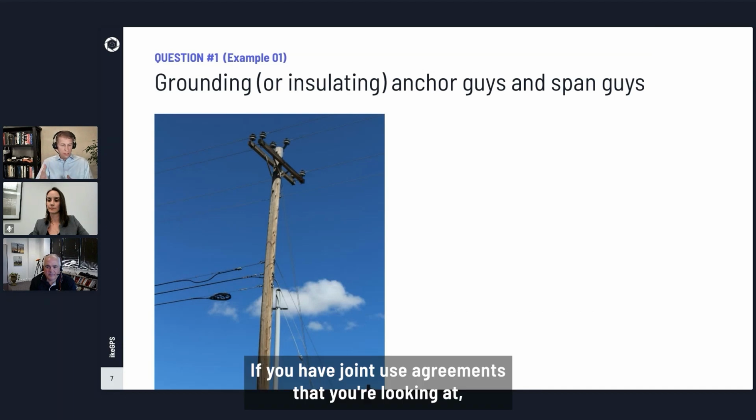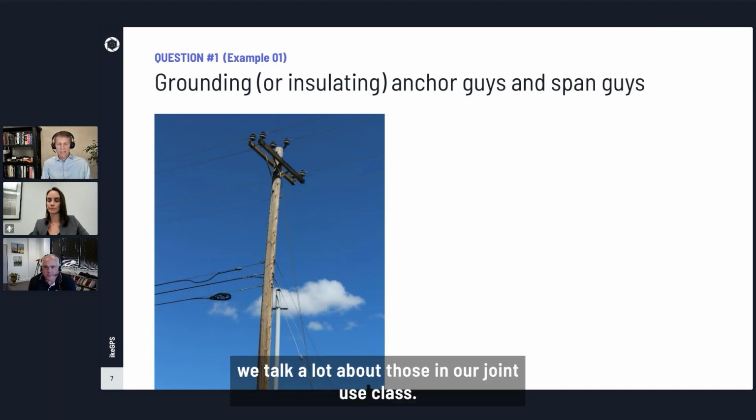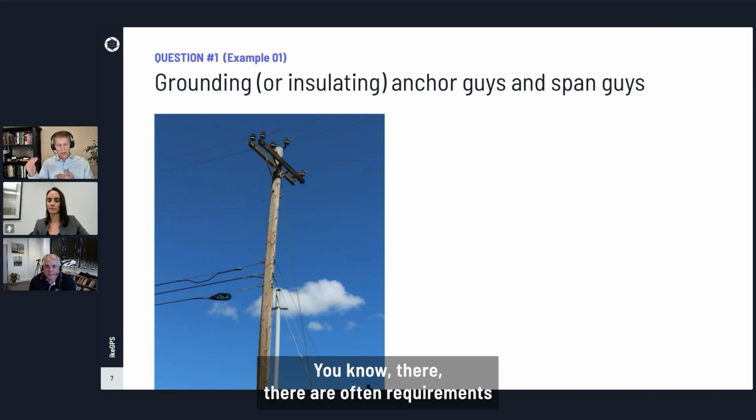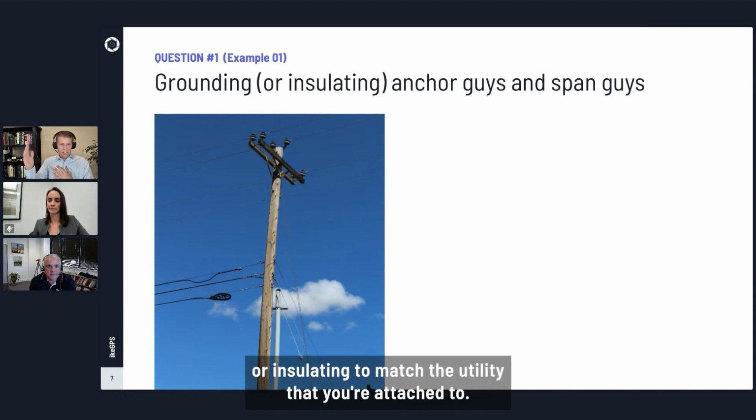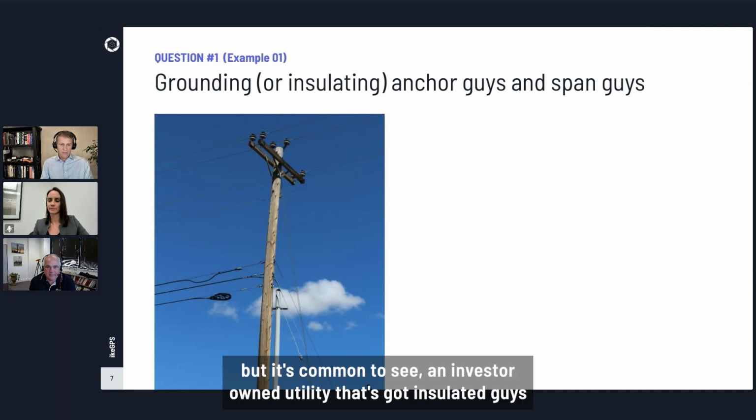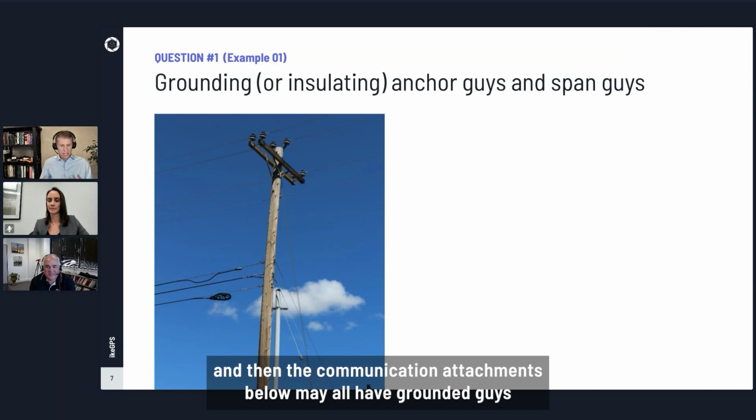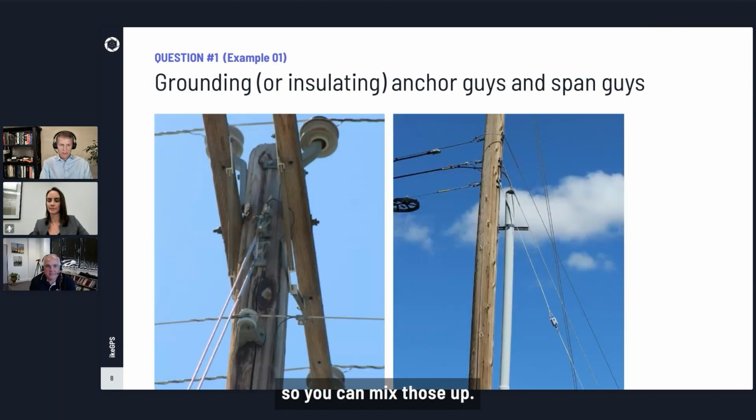If you have joint use agreements, and we talk a lot about those in our joint use class, there are often requirements above and beyond the code. They may say that you have to use bonding or insulating to match the utility that you're attached to. But it's common to see an investor-owned utility with insulated guys, and then the communication attachments below may all have grounded guys. So you can mix those up.